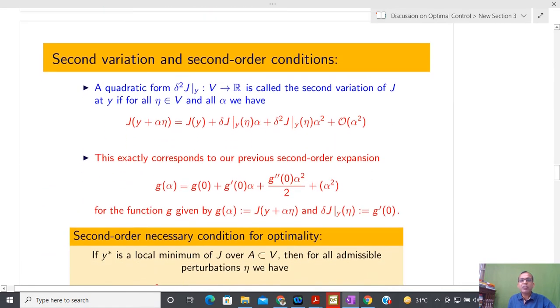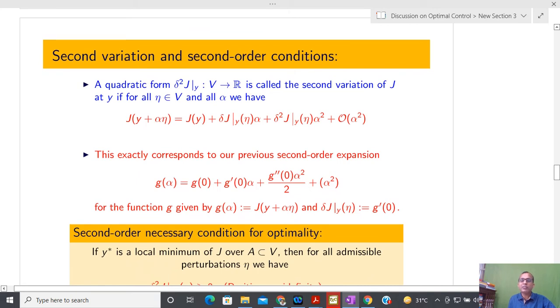Now, second order optimality condition, second order necessary condition. So the first order necessary condition we have formulated just by taking the first order variation. What is the meaning of first order variation? We have just considered the first order approximation, and after that we are assuming that all higher order terms tend towards 0 as alpha tends towards 0.